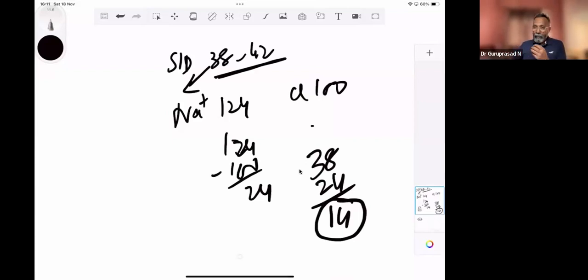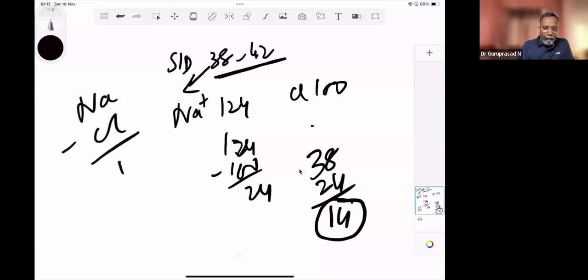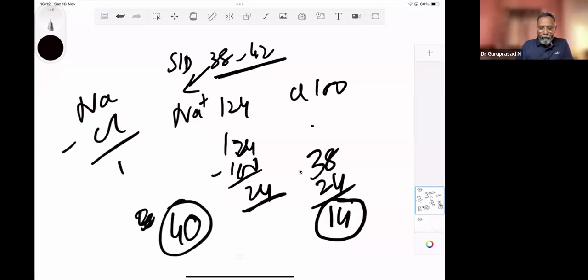It can be albumin, it can be a phosphate, or it can be a ketone body. So the examples will be given like that. You subtract sodium minus chloride to get a value, but the normal strong ion difference is 38 to 42, which you can take as an average of 40. In this case we got a strong ion difference of 24, so there is another 16 of weak acid.